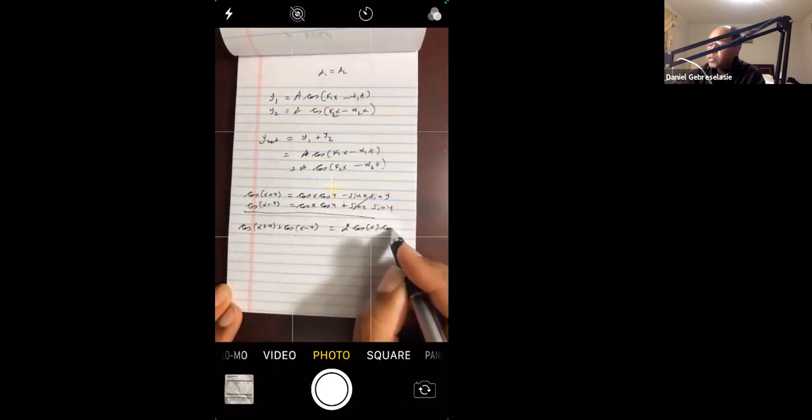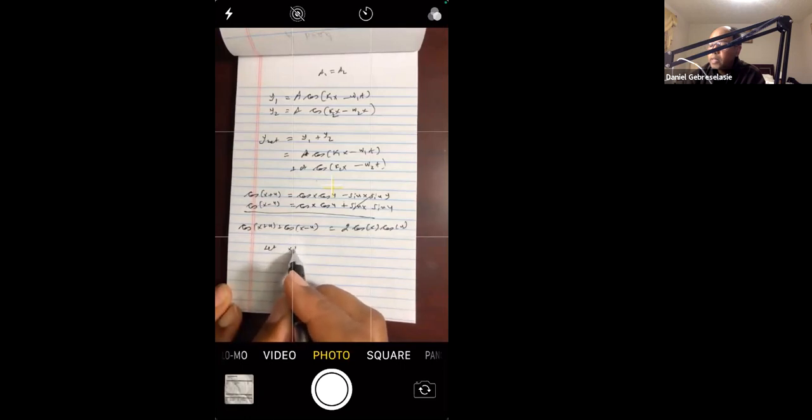So that gives me cosine of x plus y plus cosine of x minus y. You see, this goes away. This gives me 2 cosine of x times cosine of y. Now I'm going to say let x plus y equals a, x minus y equals b.